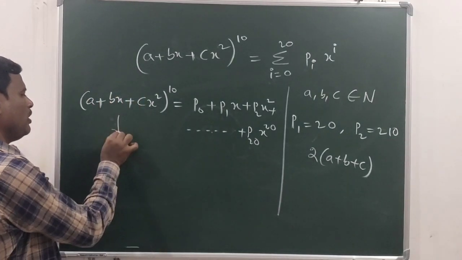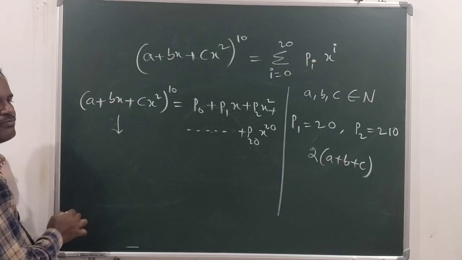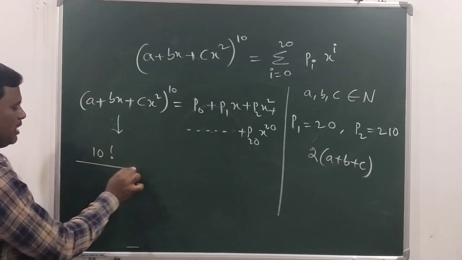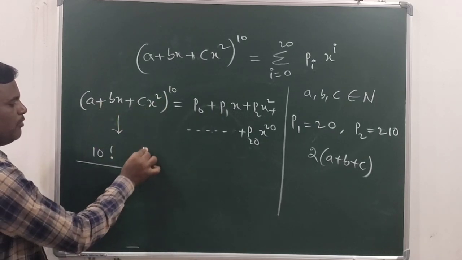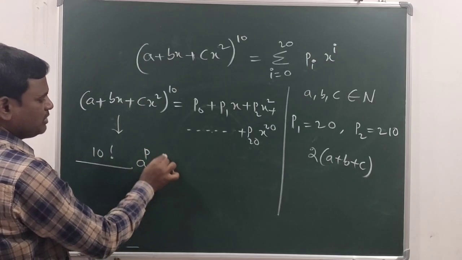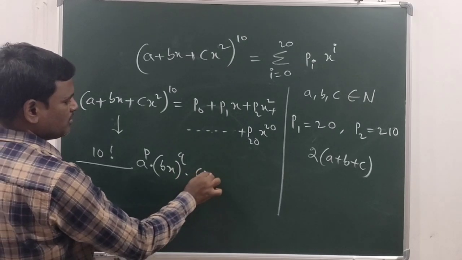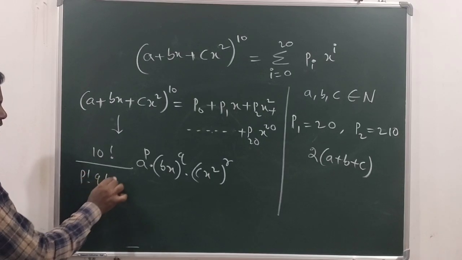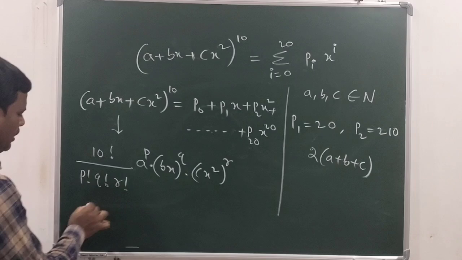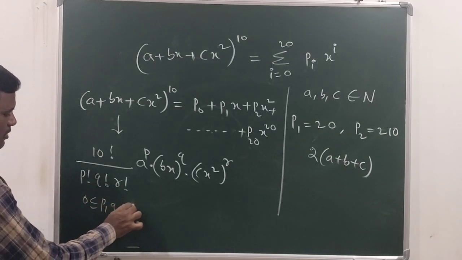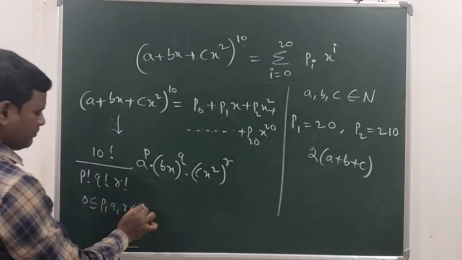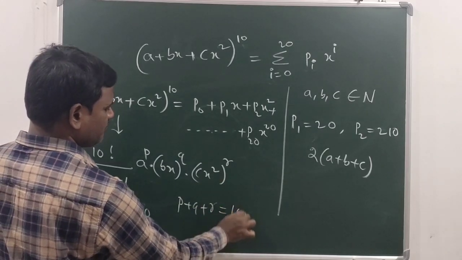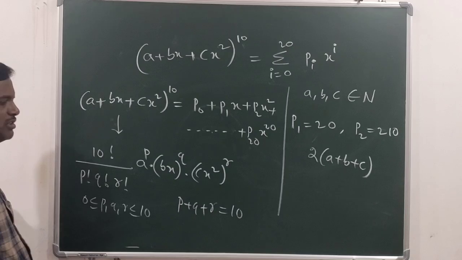If you know a, b, c, you can find 2 of a plus b plus c. Now first find the coefficient of x in the left side. I am going to apply the multinomial theorem for this. 10 factorial by, so here a power p, now (bx) whole power q, now (cx square) whole power r, by p factorial, q factorial, r factorial. Here p, q, r range from 0 to 10, and p plus q plus r is equal to 10.